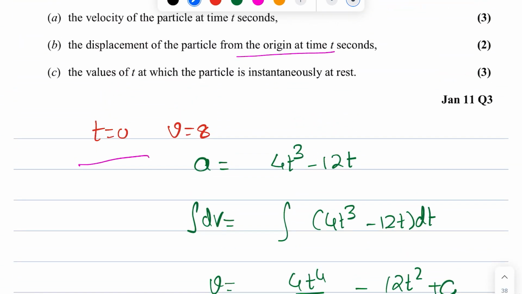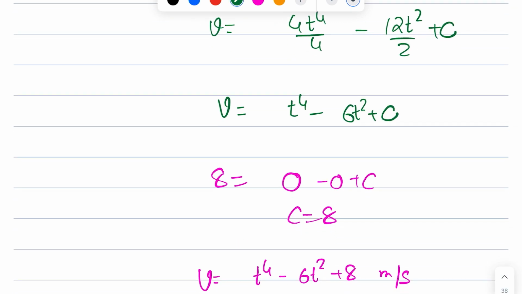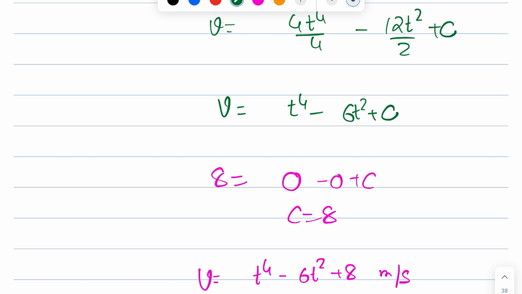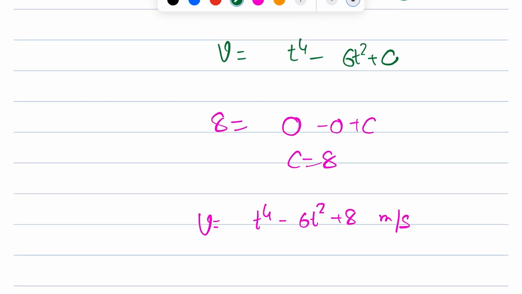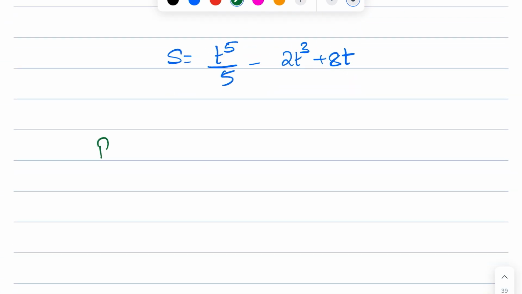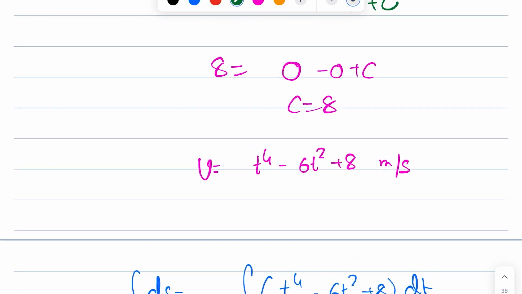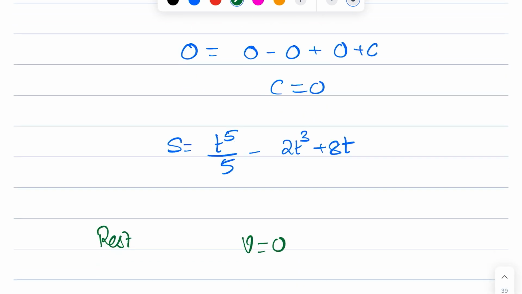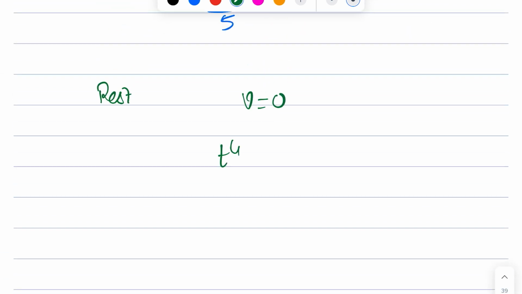Then find the values of t at which the particle is instantaneously at rest. Instantaneously at rest means velocity should be equal to 0. So what is the equation for the velocity? t to the power 4 minus 6t squared plus 8 equals 0.